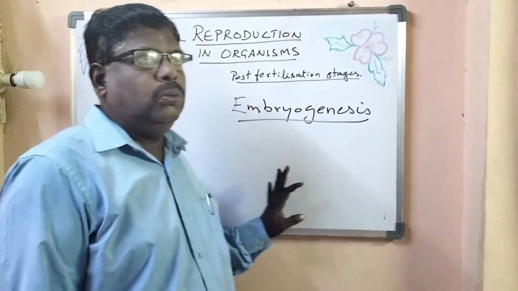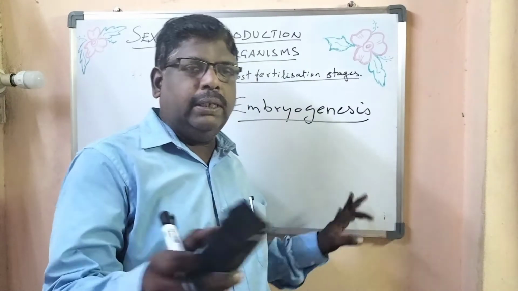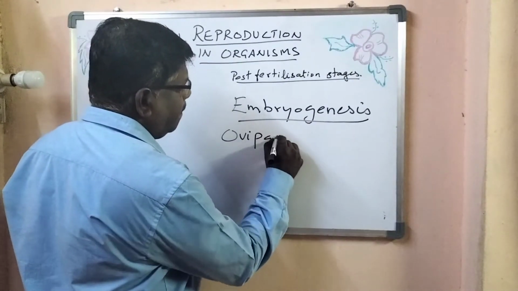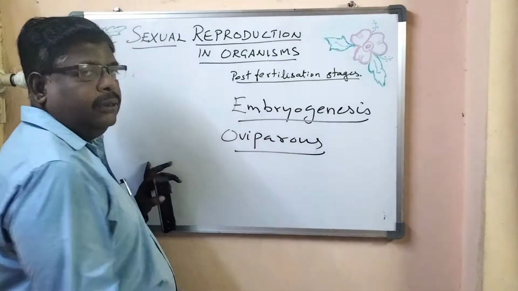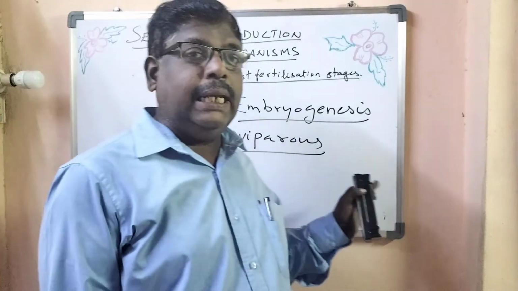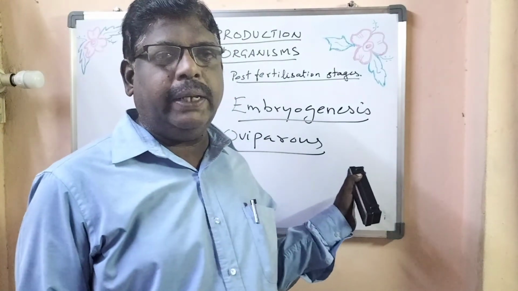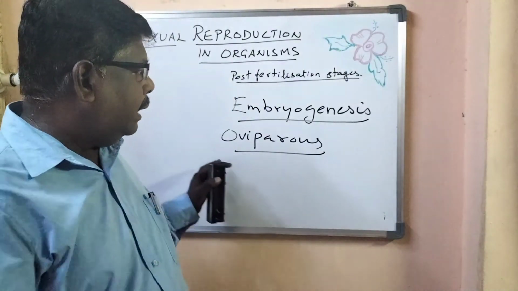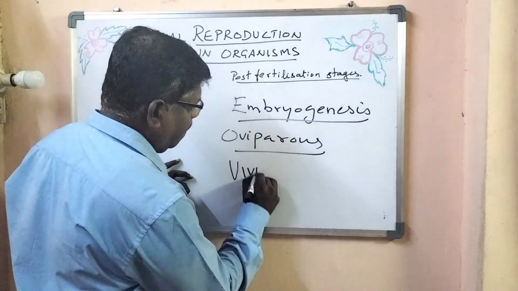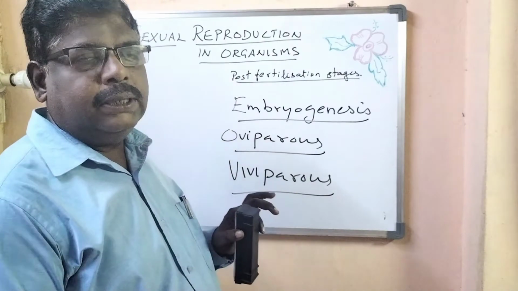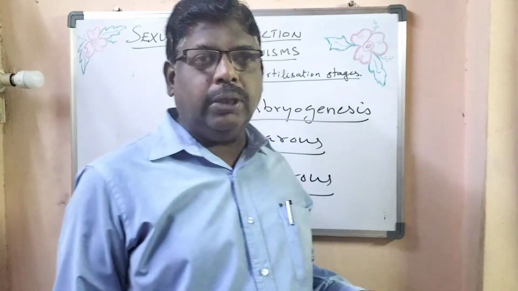Then, coming to something called oviparous and viviparous. Animals that lay eggs are called oviparous, and viviparous are the animals which give birth to young ones.